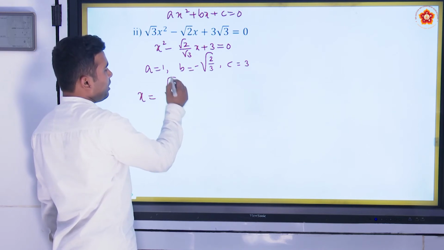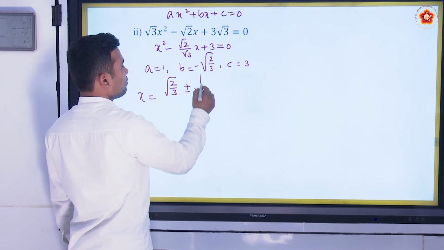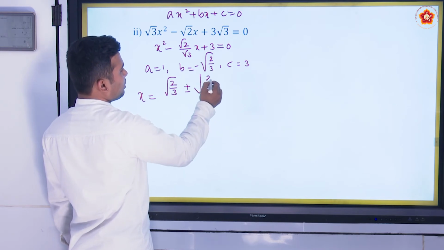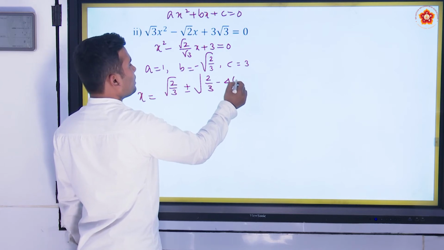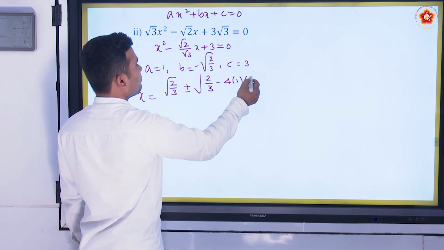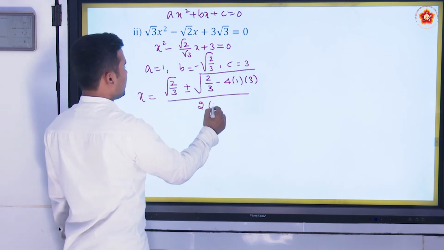Okay. So, let us use the quadratic formula here, that is minus into minus becomes plus, which is root of 2 by 3, plus or minus square root of b square. If you make it square, it will become 2 by 3, minus 4ac. What is a? 1. What is c? 3. Whole divided by 2a. What is a? 1.